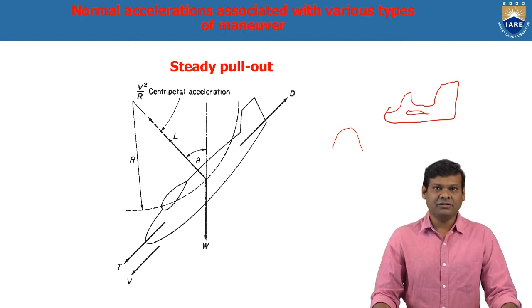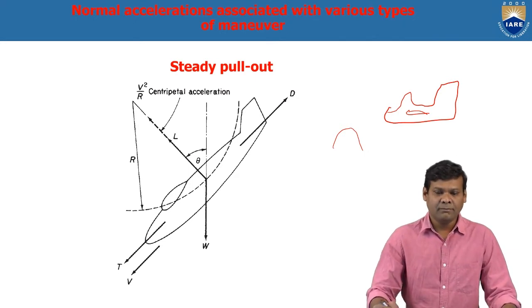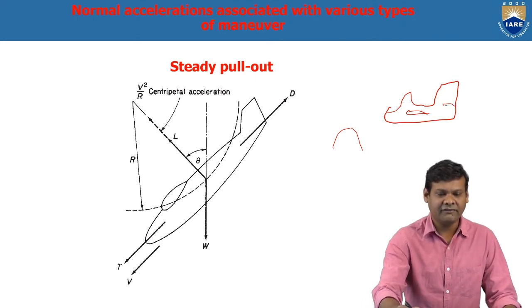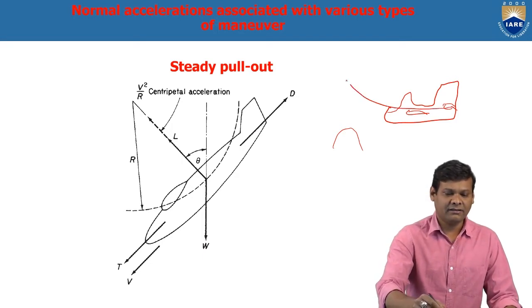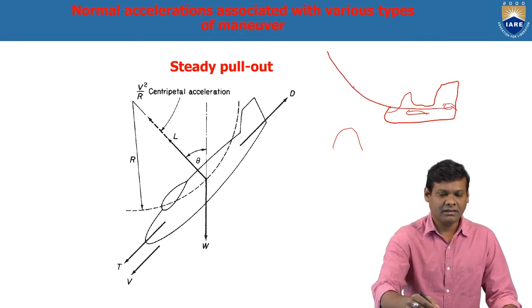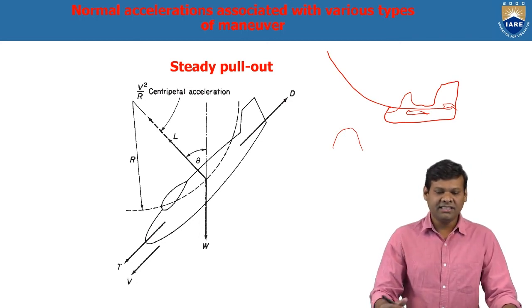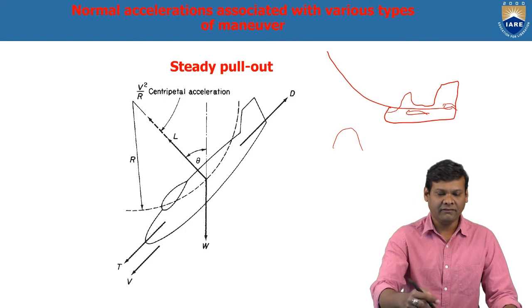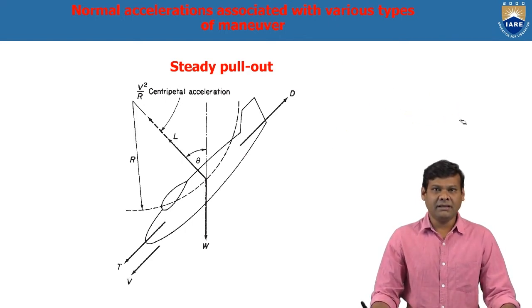Ultimately, what he does is increase the height of the airplane by operating the elevator. As a result, the path of the airplane will be a pull up or pull down, whatever it might be. This is the schematic of an airplane which shows the forces acting on an airplane in a pull-out.